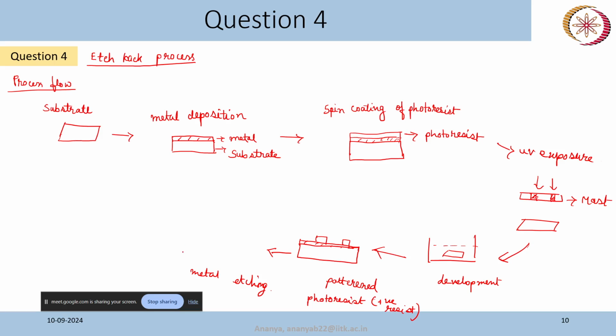The chemicals will etch the metal, but because the photoresist is covering the metal part, in that portion metal will remain. You will have a structure like this. The metal will remain here and here, and you will remove the resist. Finally you will get the metal pattern like this.